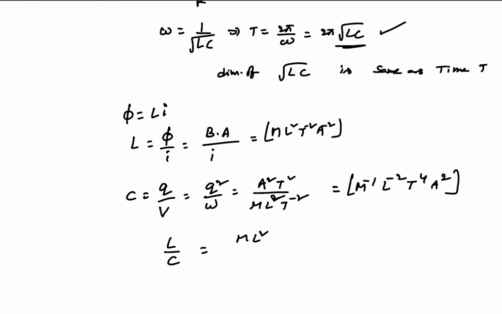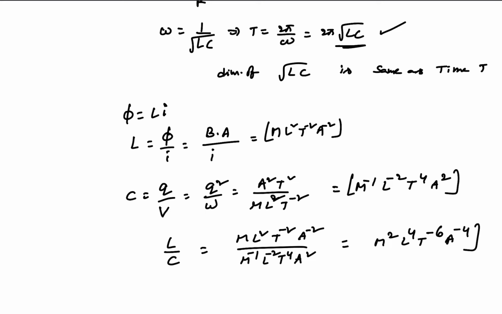If you write L divided by C, you get M L squared T power minus 2 A power minus 2, whole divided by M power minus 1 L power minus 2 T power 4 A squared. Finally you will get M squared L to the power of 4 T to the power of minus 6 A to the power of minus 4. This is the L by C value.